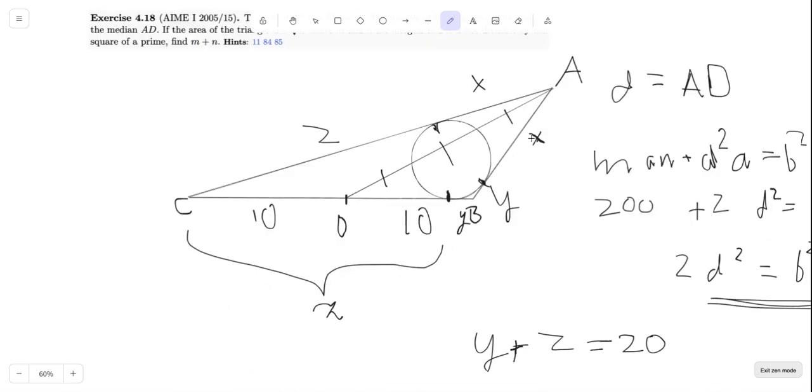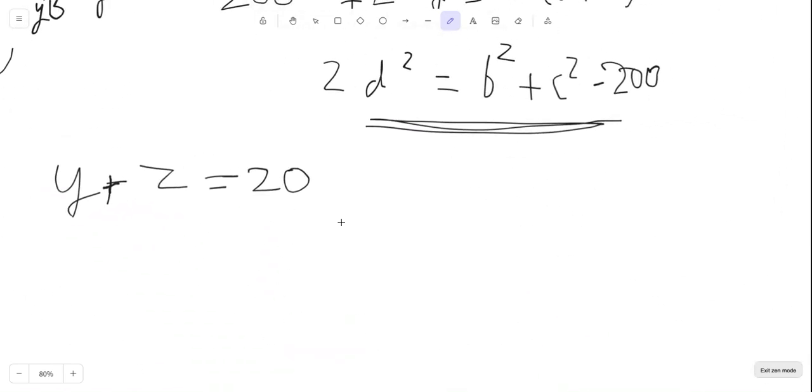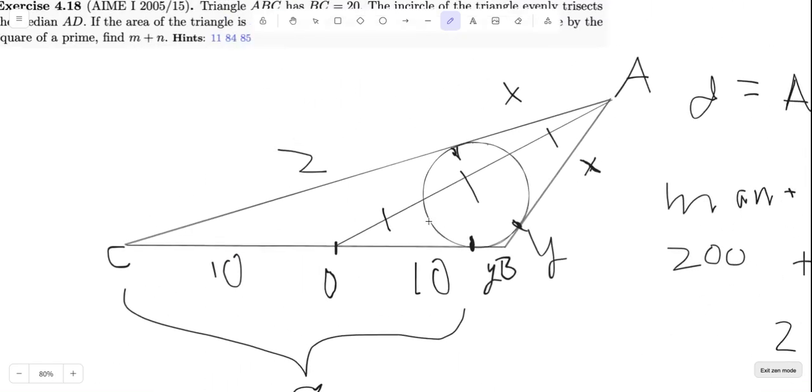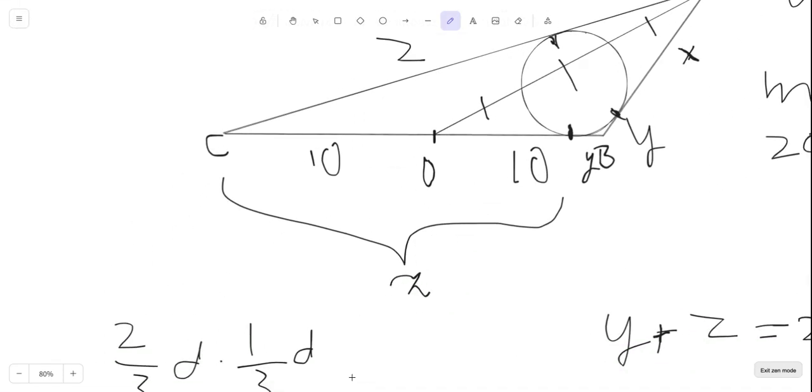Next we can use power of a point now. If we use the tangent power of a point, the extended power of a point, then relative to point A, x squared is equal to this length times this length, which is d over 3 times 2/3 of d. This length times this length equals this length squared.